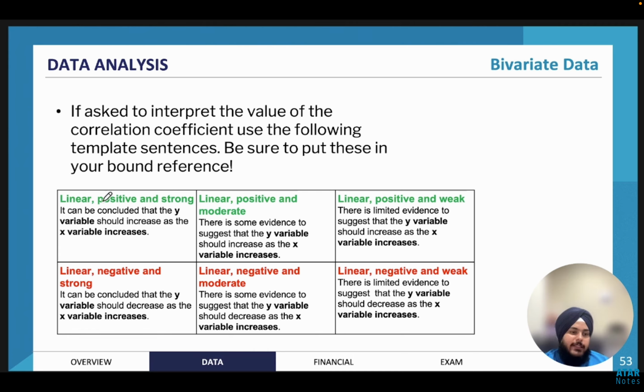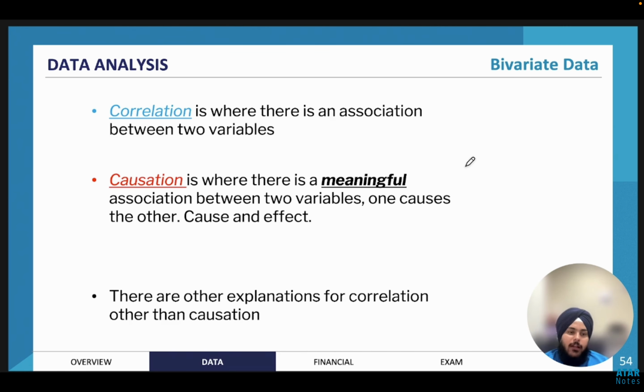So if your R value is linear, positive, and strong, so a really high R value, the way that you're going to describe the association is you're going to say, it can be concluded that the y variable should increase as the x variable increases. So that's only when you have a linear, positive, and strong relationship. Here are other interpretations that you can put in your summary book and use when you're answering questions. So pretty straightforward here.